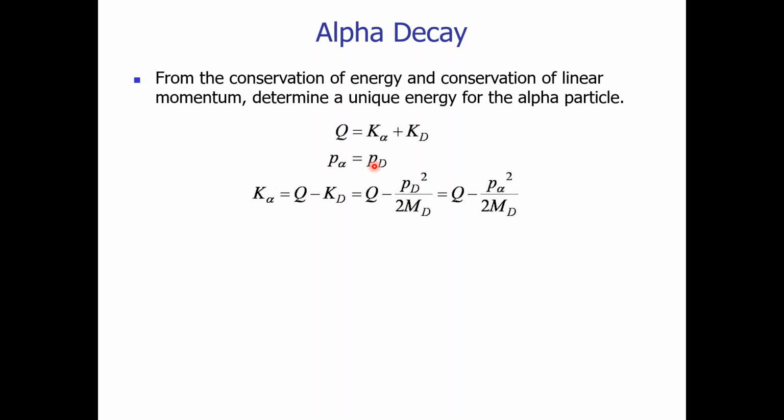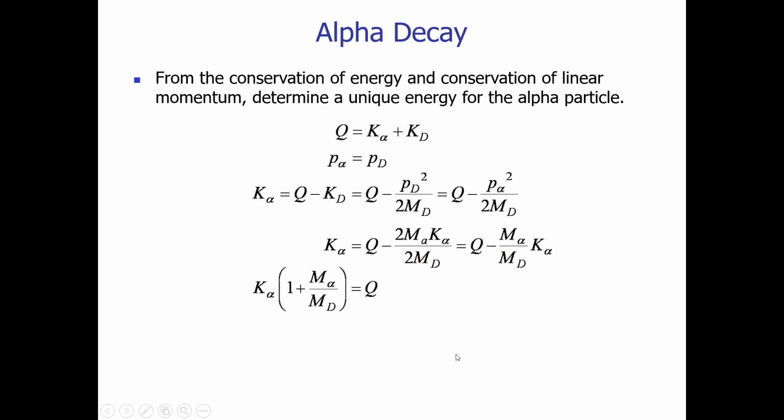We mentioned that its momentum is equal to the momentum of the alpha particle as well, so we put in the expression for the kinetic energy in terms of momentum for the alpha particle. Then we simplify the expressions and do some simple mathematics.